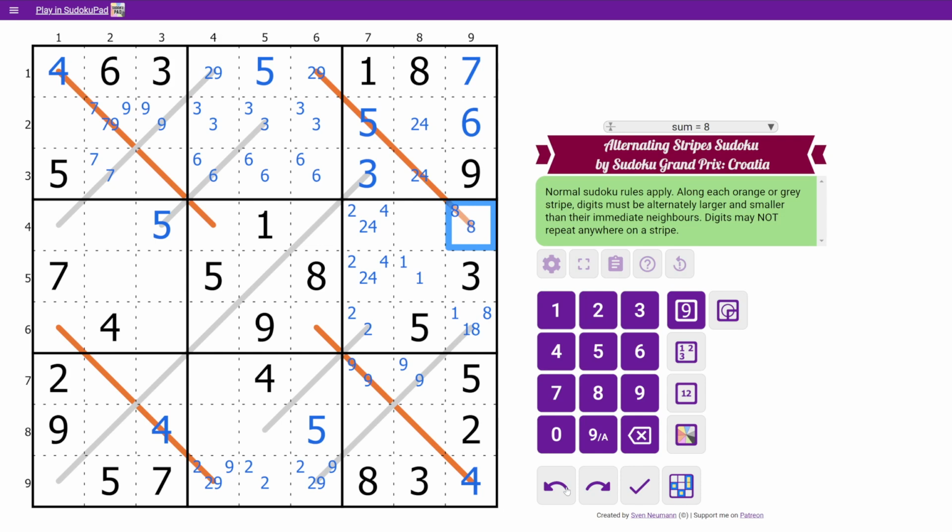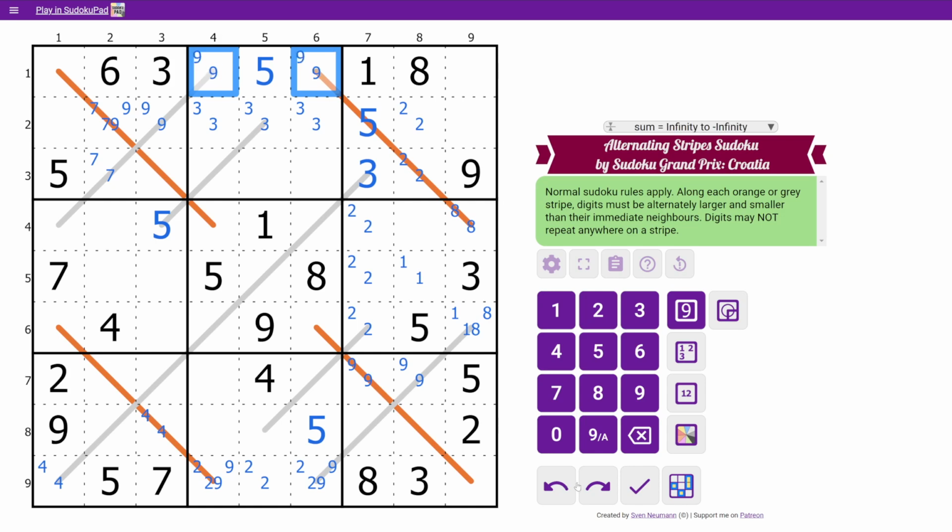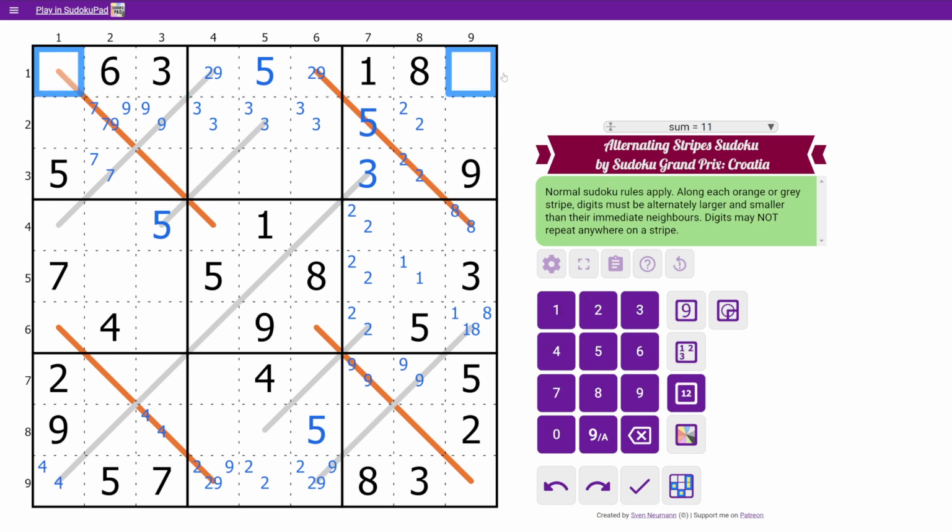No, I think it was farther than that. I don't know. Hopefully that's far enough. This was 4, 7.